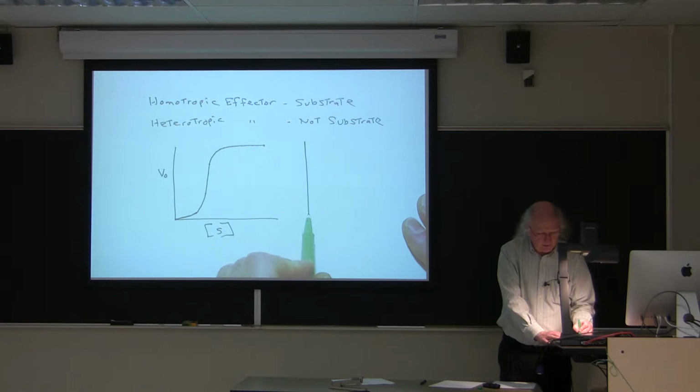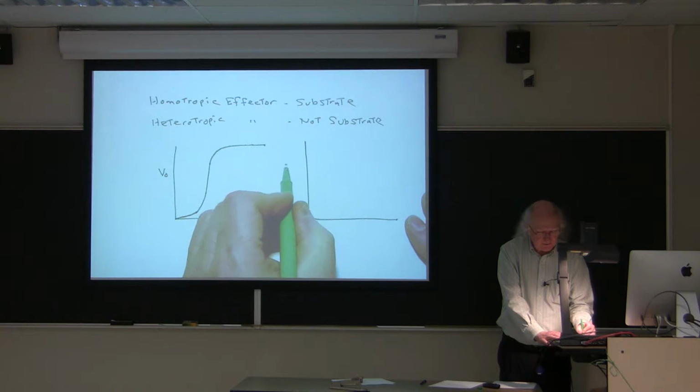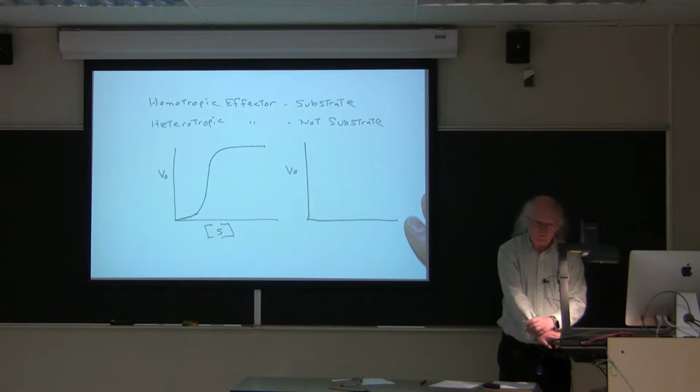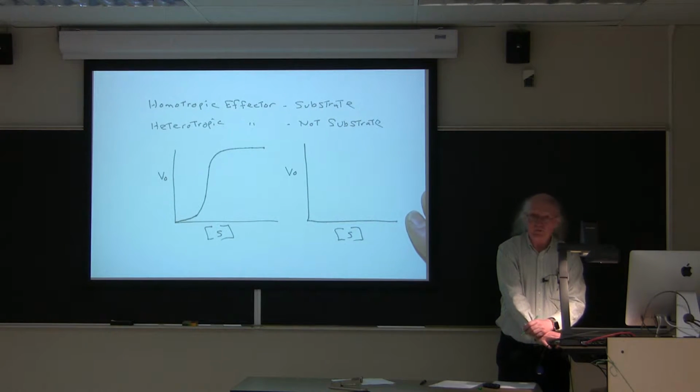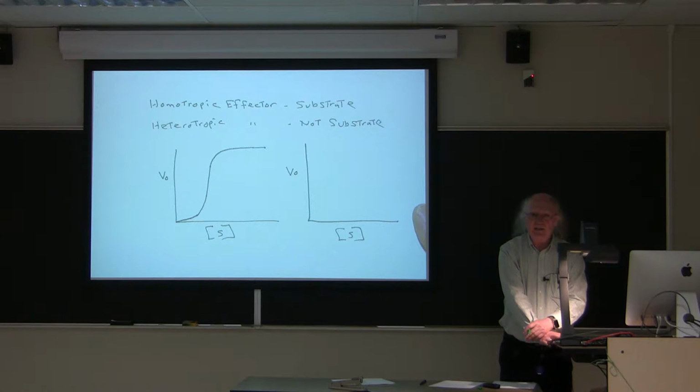By contrast, when we look at the plot for a heterotropic effector, we remember that, of course, we're varying substrate concentration. We're not varying heterotropic effector concentration. So the heterotropic effector for an enzyme is simply leaving the enzyme in either the T or the R state. The enzyme will not be doing any flipping.